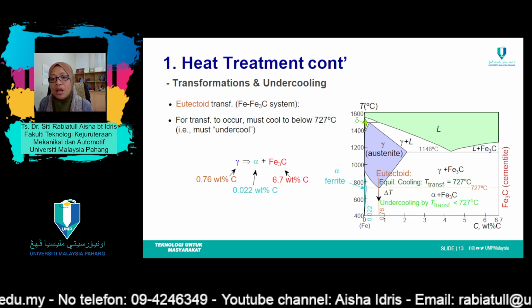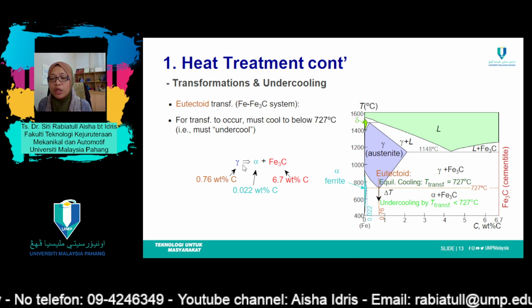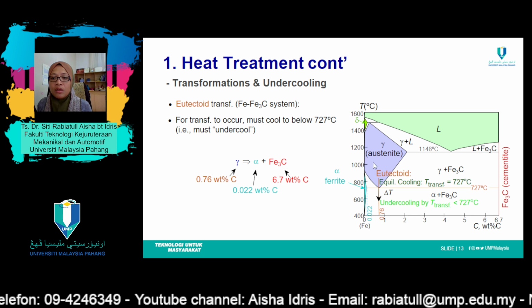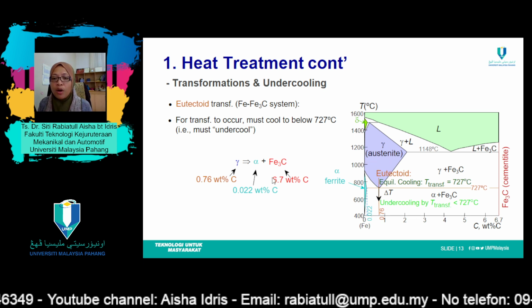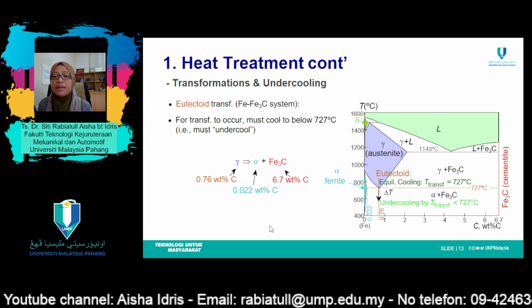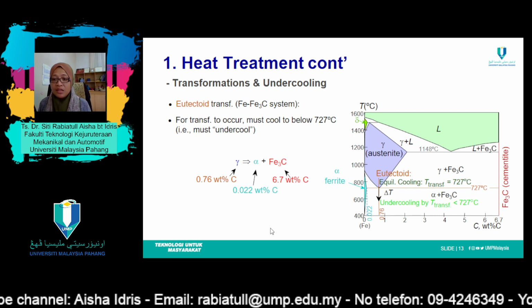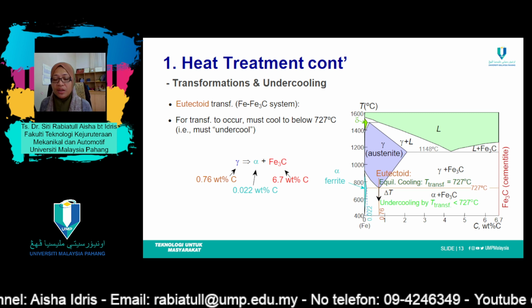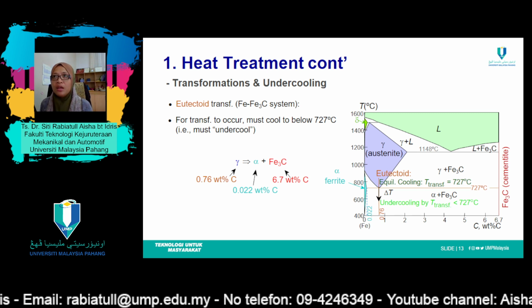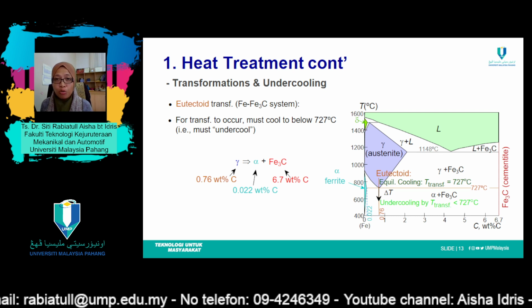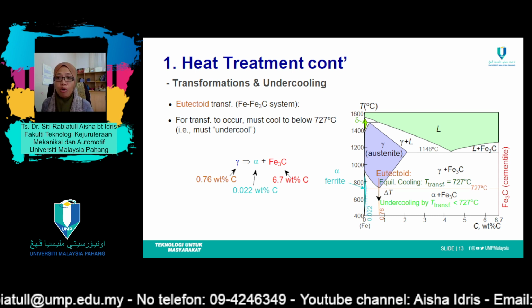For example, slowly cooling the metal from the austenite phase will form alpha ferrite and cementite. However, this transformation can be changed by varying the temperature for cooling. It's either rapid cooling or slow cooling.